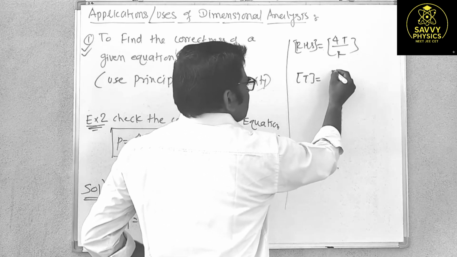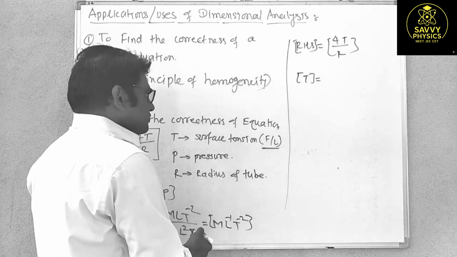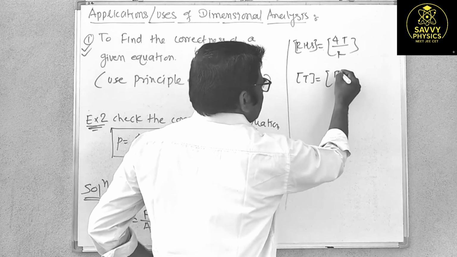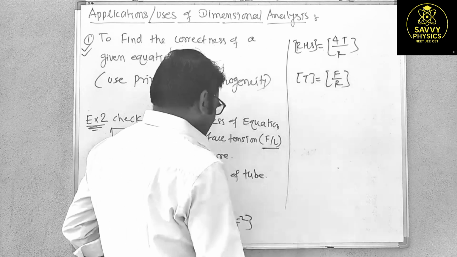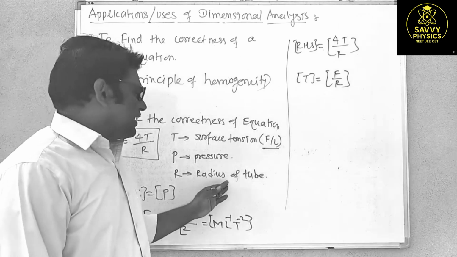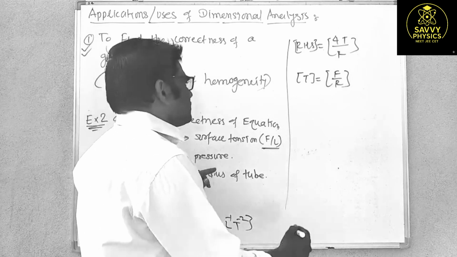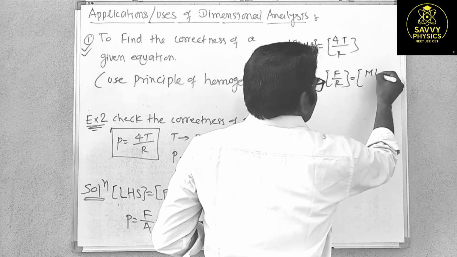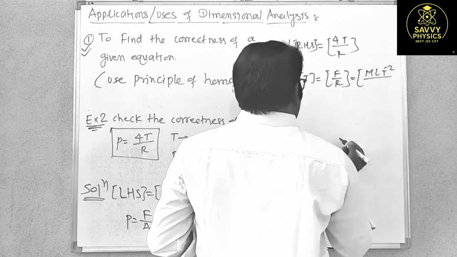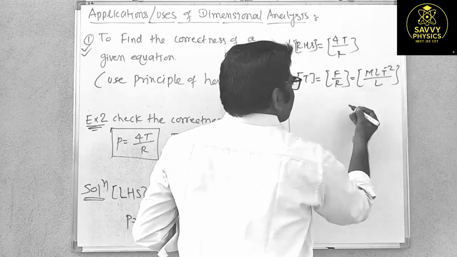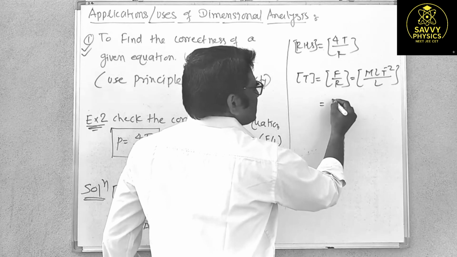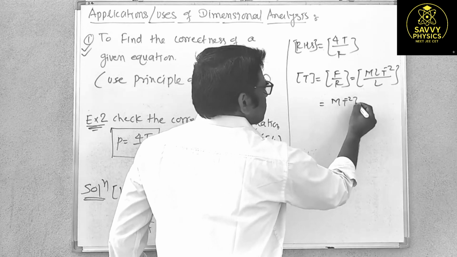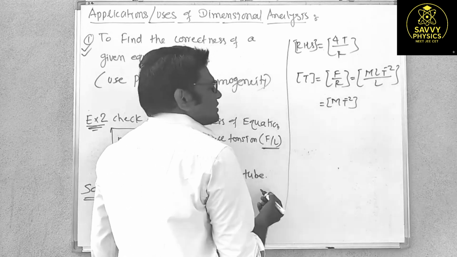Force upon R, and R, radius, means it is a length. The dimension of force we already know, M1 L1 t to the power minus 2, upon R, which means length. So ultimately what are the dimensions of this? M t to the power minus 2. Yes or no? L gets cancelled.